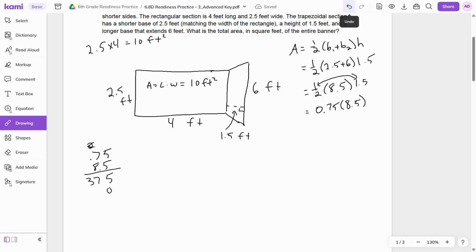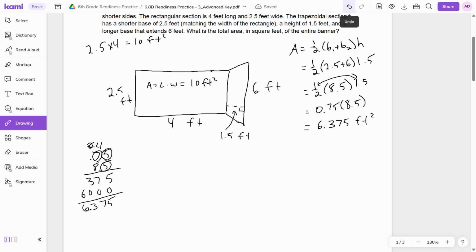We're going to deal with our decimals later. I need 3 digits behind the decimal, so 6.375, and then this is going to be square feet.